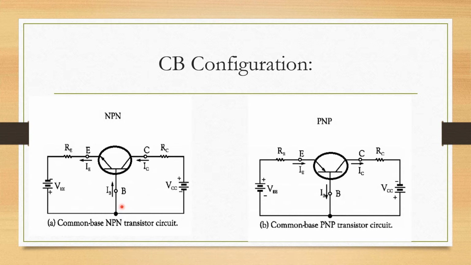This means that the emitter terminal and common base terminal are the input terminals, and the collector terminal and common base terminal are the output terminals. So, we can even say that in common base configuration, the base terminal is grounded, so it is known as grounded base configuration.